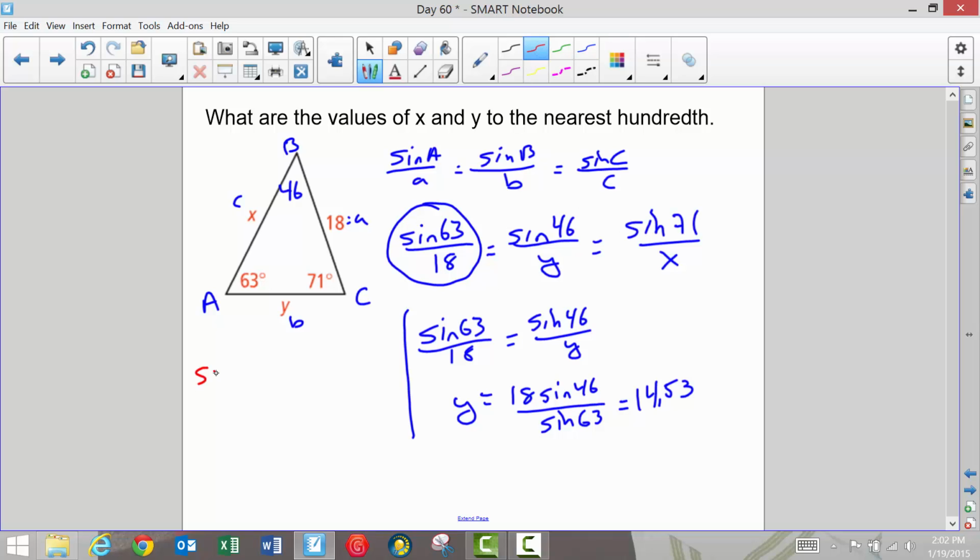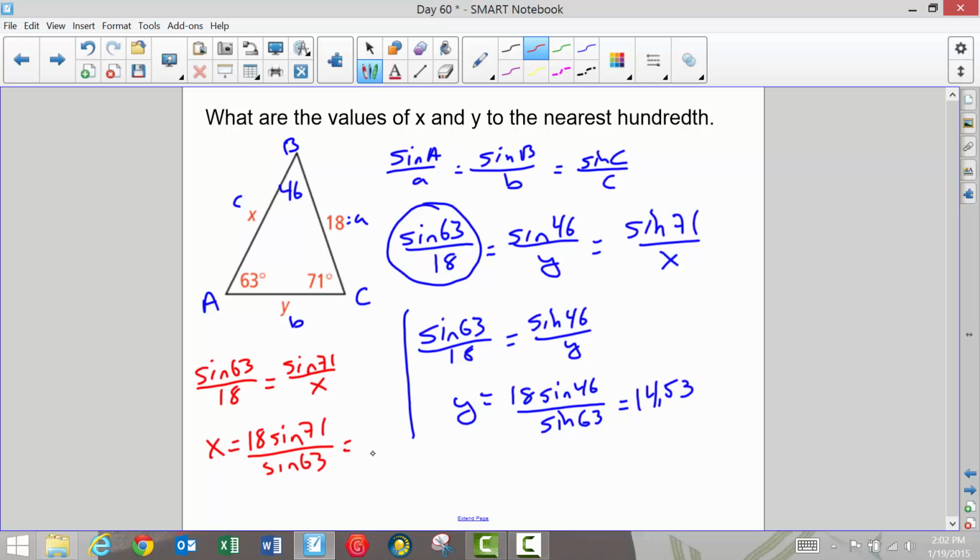And again, to solve for x, I always use a fraction that has no variable. So that's sine 63 over 18. Set it equal to the fraction that contains one variable. In this case, it's going to be sine 71 over x. Cross multiply, divide. Therefore, x is equal to 18 sine 71 over sine 63. I did the cross multiplication and dividing in my head. Again, if you need instructions on how to do that, look at the previous example.